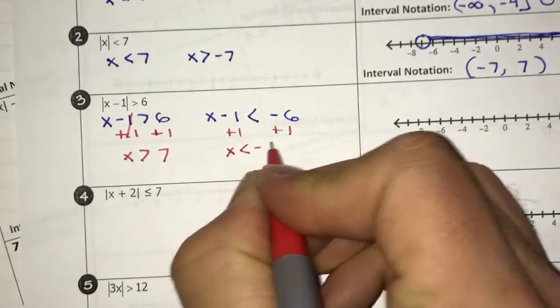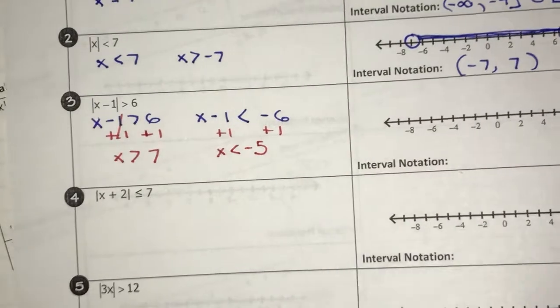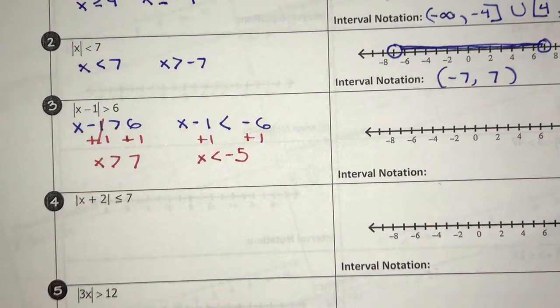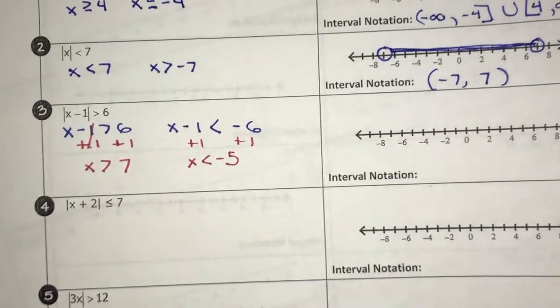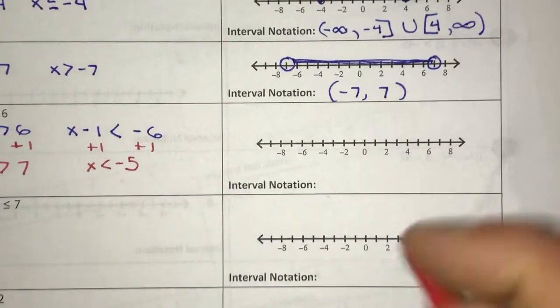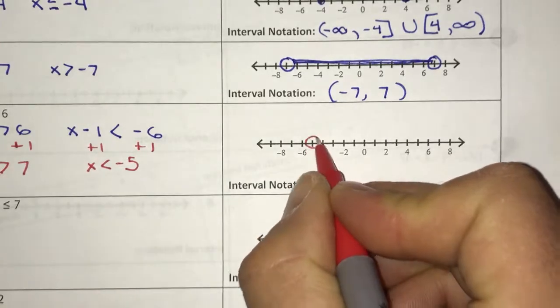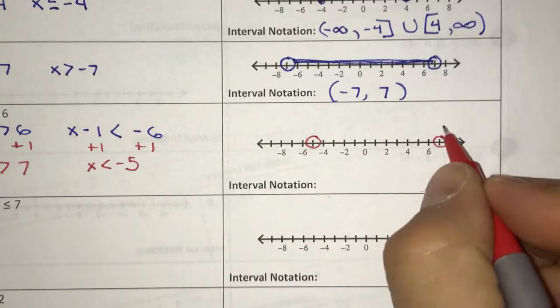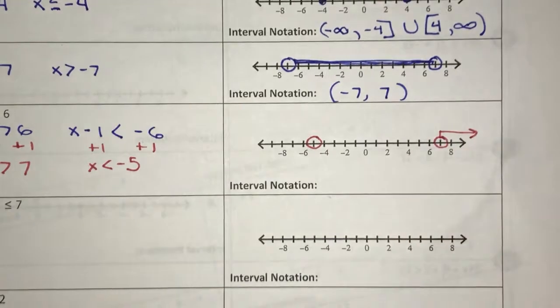X is less than negative 5. So I have open circles on 7 and negative 5. Its x value is greater than 7, so that would go this direction.